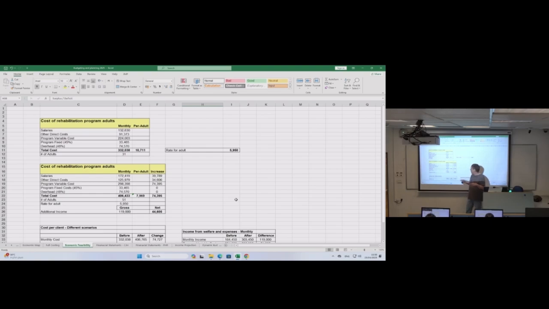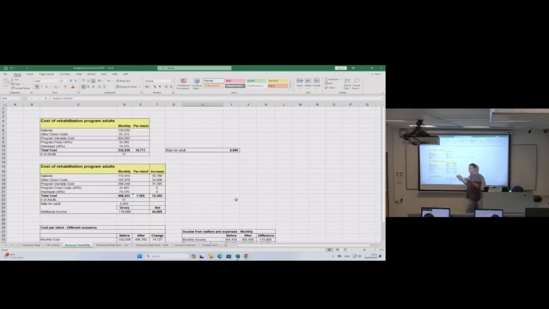What will be the additional income? That is very easy to calculate. We have 20 more clients, the additional, times the rate. We will get additional 119,000 in income. So 119,000 in income compared to 74,000 additional expenses gives us a change in the contribution of 44,000 with a plus sign.